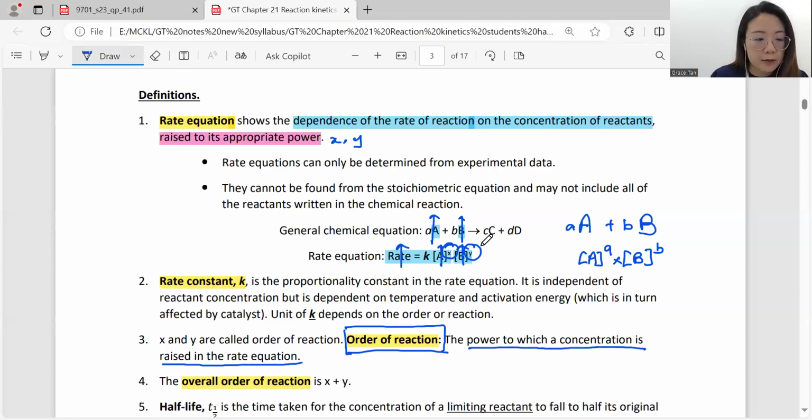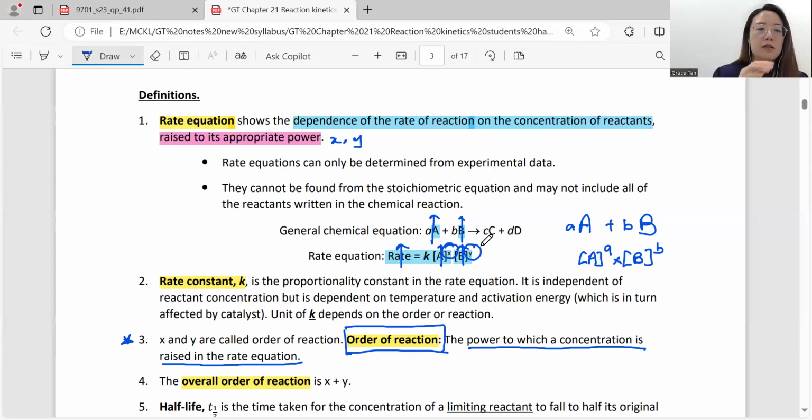I put a star here, very common in your past year papers. So we raise the concentration to the appropriate power, also known as the order of reaction. We are eventually asked to calculate the order of reaction, which is your x and y.